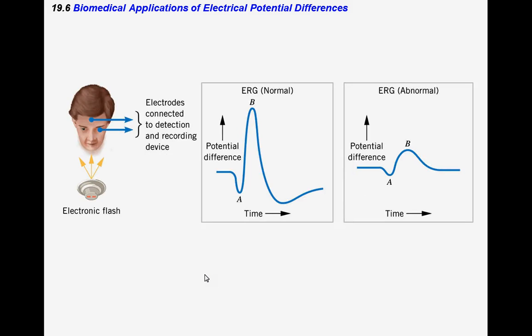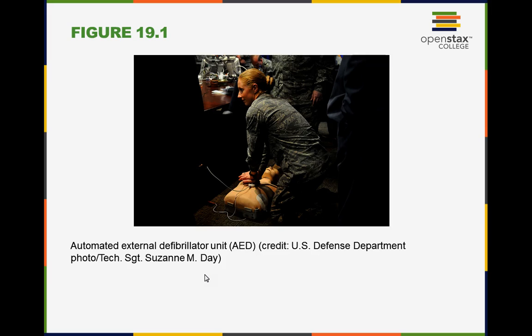Maybe all of which I don't understand. If you measure your heart rhythm, your heart is actually beating because of being triggered by electrical impulses. That's why when you get electrocuted, that can be bad.